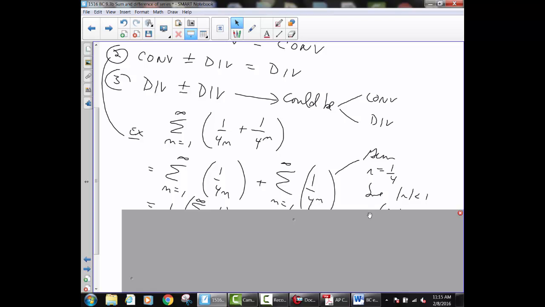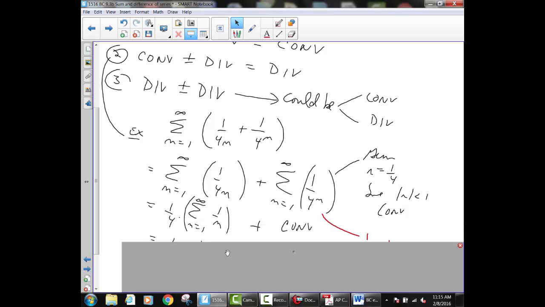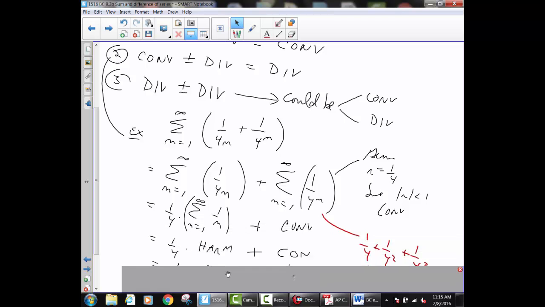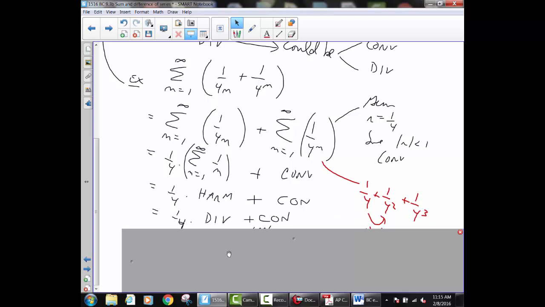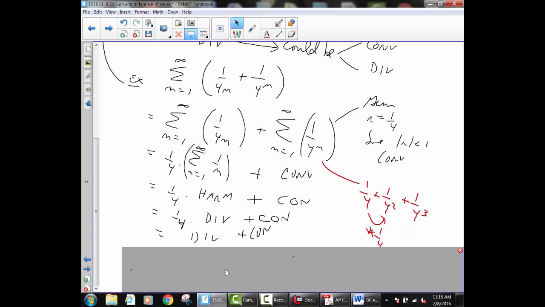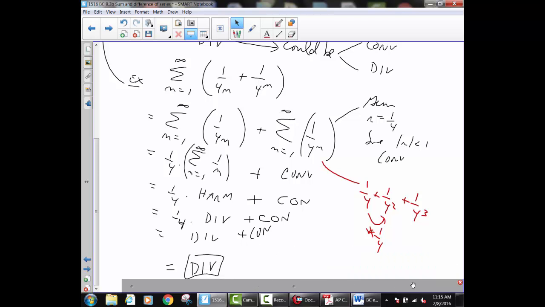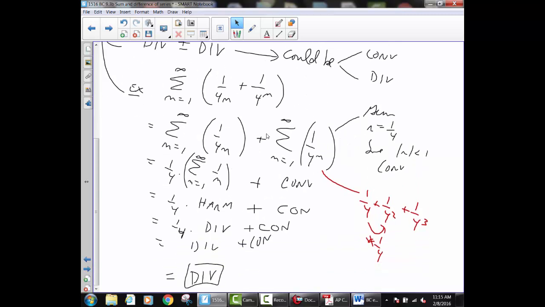The common ratio is 1/4. Since the absolute value of r, which is 1/4, is less than 1, the series converges. So I know it converges. This one over here, 1 over 4n, if I pull out the 1/4, I have 1/4 times the harmonic series. Well, we know that the harmonic series diverges. 1/4 times a divergent is divergent, and a divergent plus a convergent is going to give a divergent.